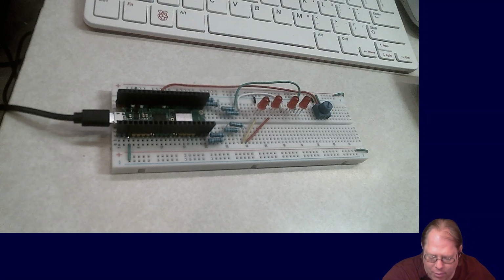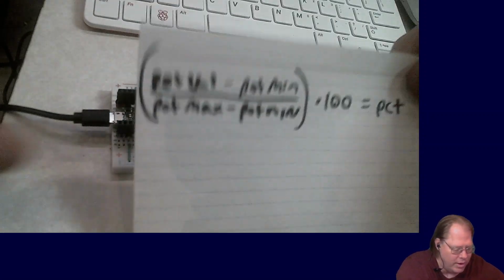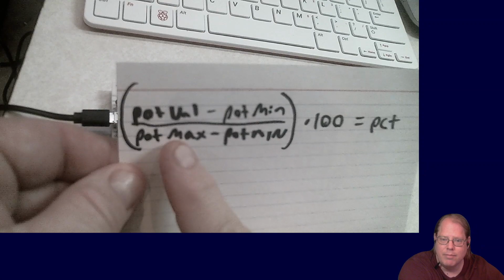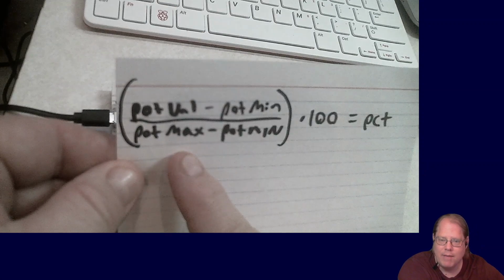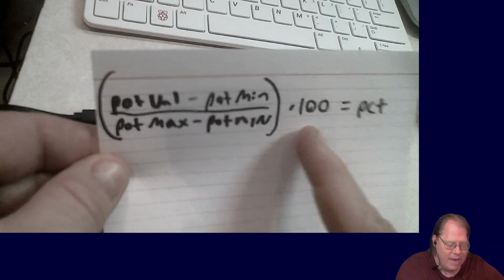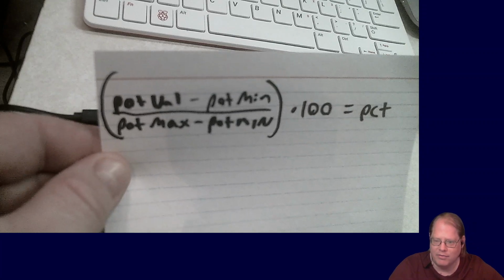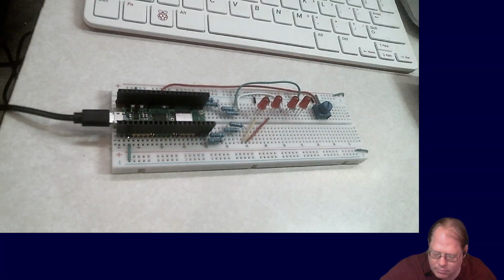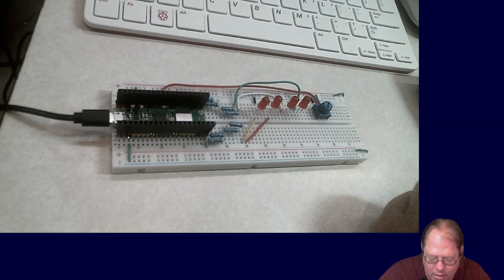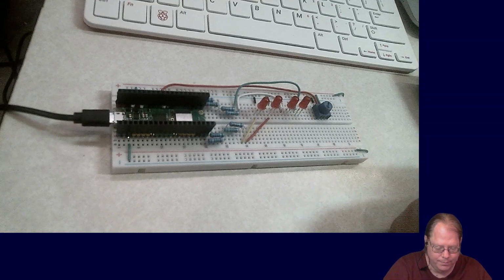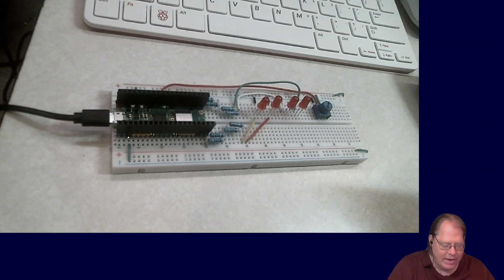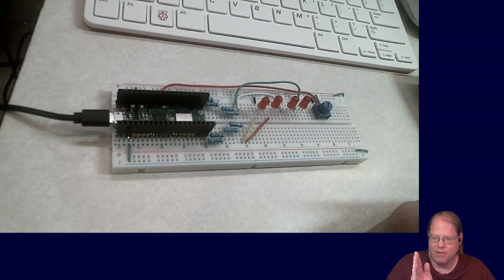And what we end up with is this equation: pot val minus pot min over pot max minus pot min times 100 gives us the percentage value. Now writing it back is a lot easier because I'm going to be starting at 0.